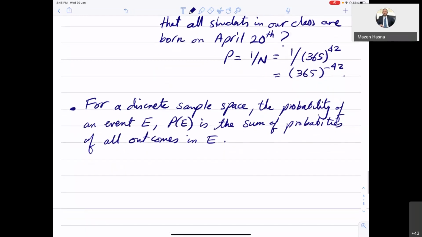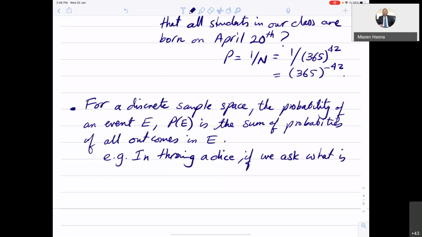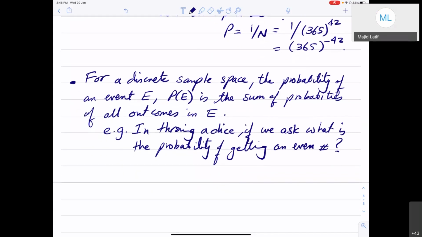What does this mean? For example, in throwing a dice, if we ask, what is the probability of getting an even number? 3 over 6. So what's this event? Let's say event E. So in this case, yes, you're right.